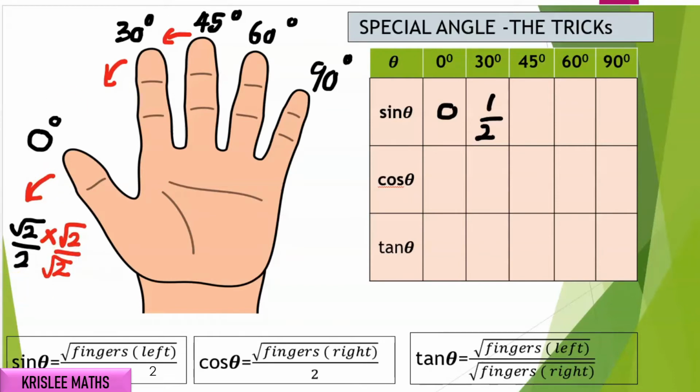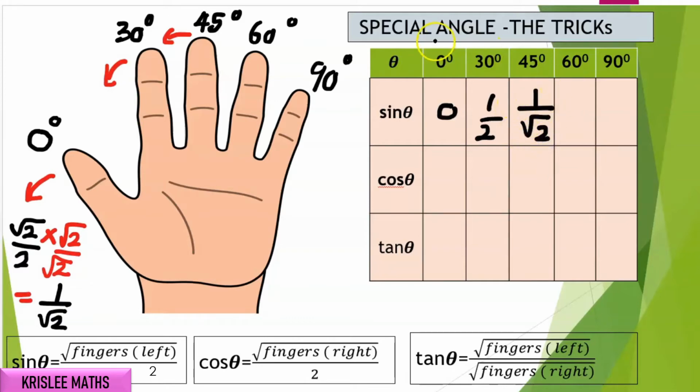Now remember, square root of 2 times square root of 2 will be 2. So 2 divided by 2, left 1 over square root of 2. Therefore sine 45 will be 1 over square root of 2.